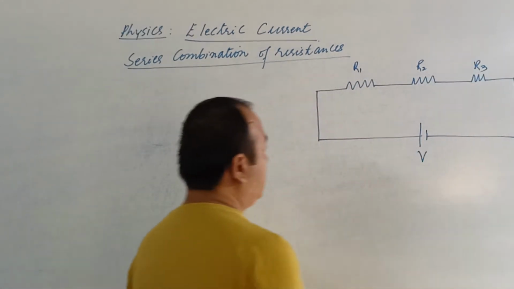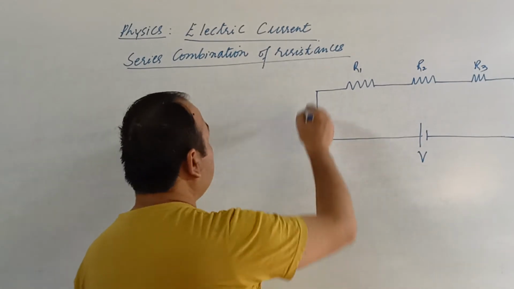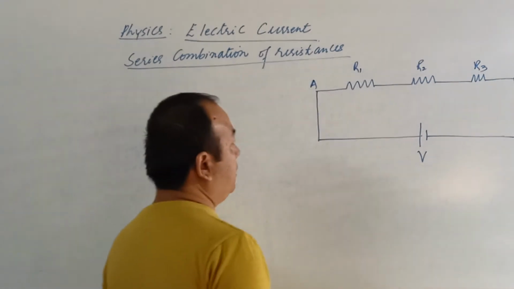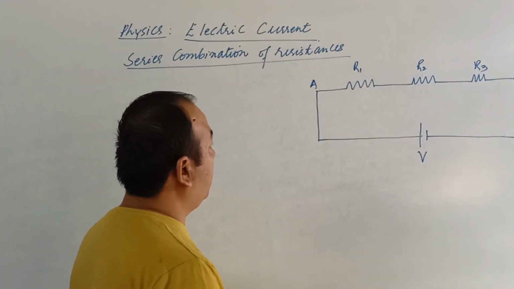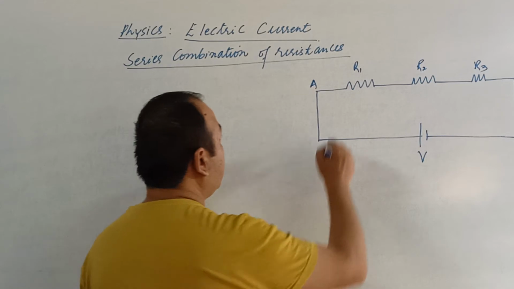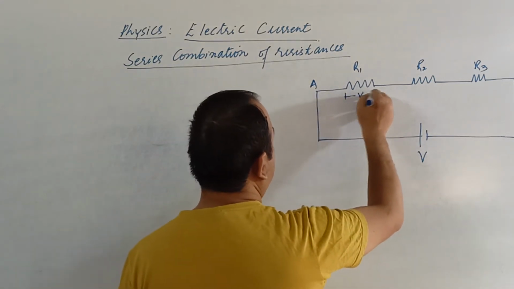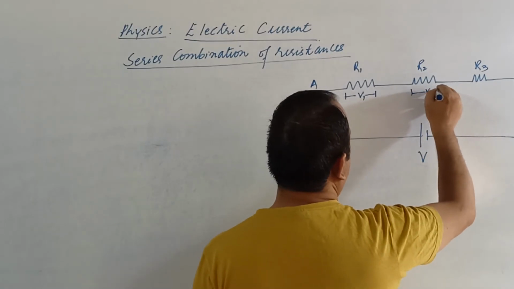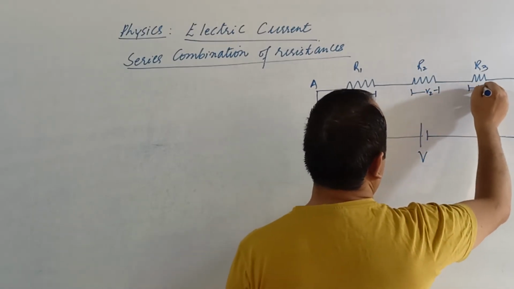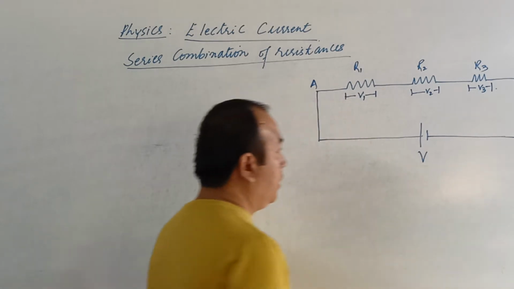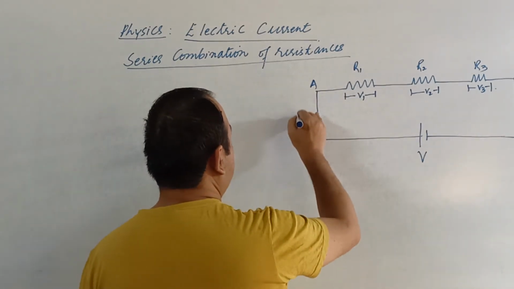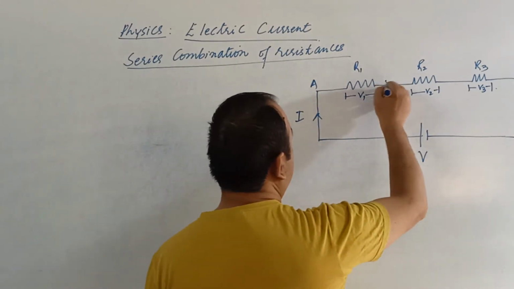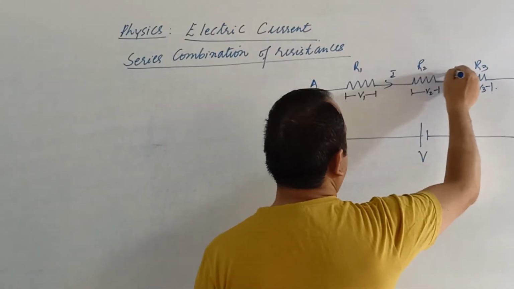The potential difference is applied across the two ends, A and B. Let us suppose the potential difference across R1 is V1, across R2 is V2, and across R3 is V3. Current is flowing like this. Let the total amount of current flowing through this circuit be I. So through this also I, here also I.